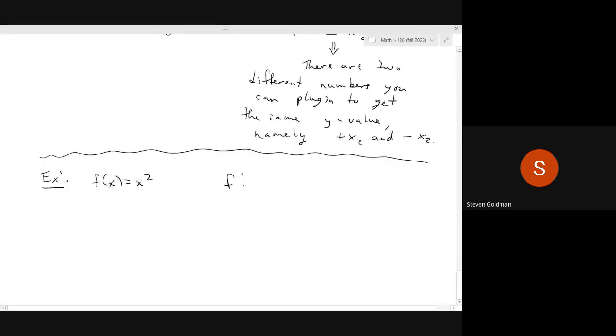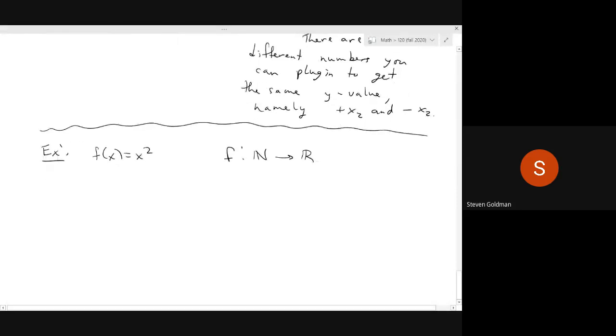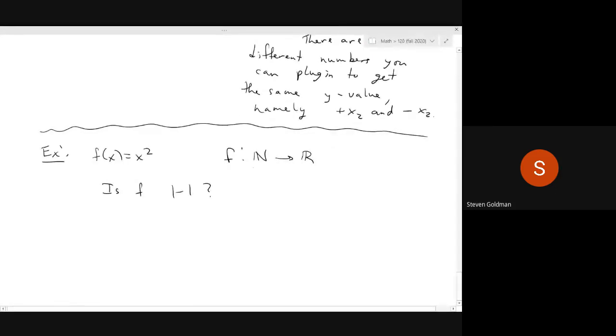Let's say I change my domain to the set of natural numbers, and my codomain is the set of real numbers. Now is this function one-to-one? I've restricted my domain to the set of natural numbers. Is this thing now one-to-one?